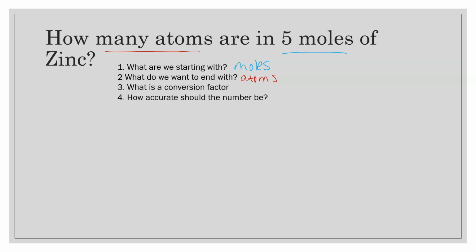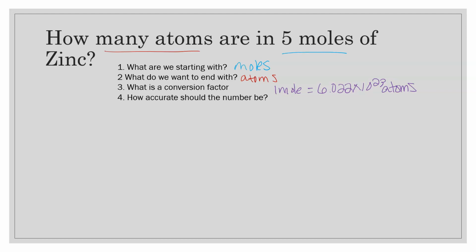Well, we know that in 1 mole of any substance, there is 6.022 times 10 to the 23rd atoms. Sorry about my dog. Atoms, all right? And how accurate that number will be, we'll deal with that at the end.